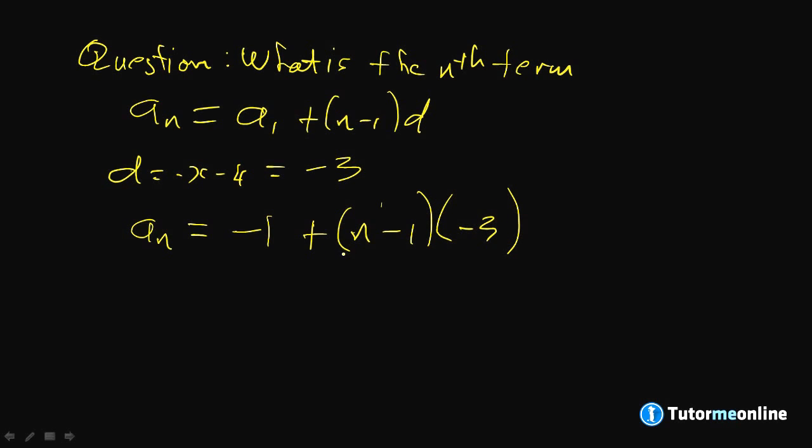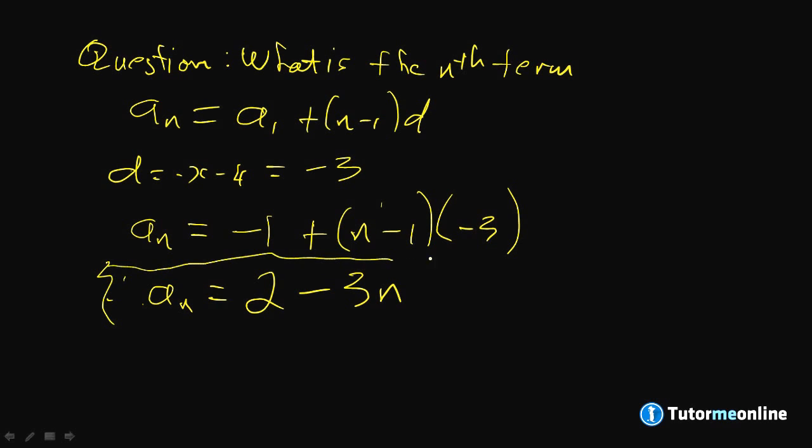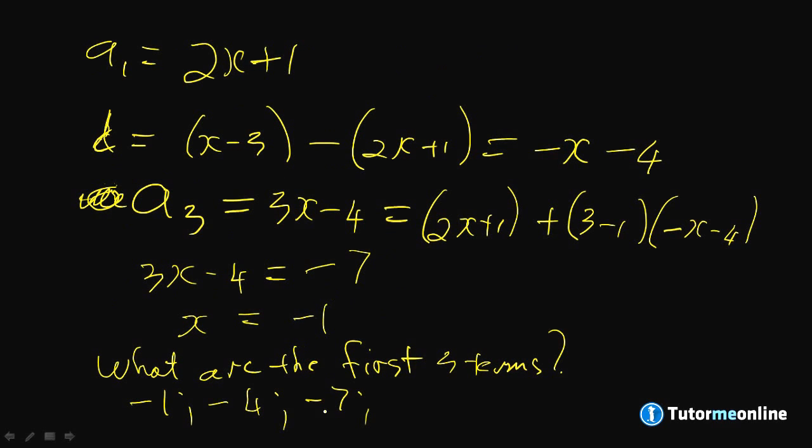Then we can easily simplify this equation, and we come to an equals 2 minus 3n, which is a very nice and powerful way for this specific arithmetic progression to calculate the value of the nth term, if we want to know what a specific term in the progression's value is. So if we want to calculate the third term, 3 times 3 is 9, minus 9 plus 2 is minus 7, and that confirms what we've calculated here.